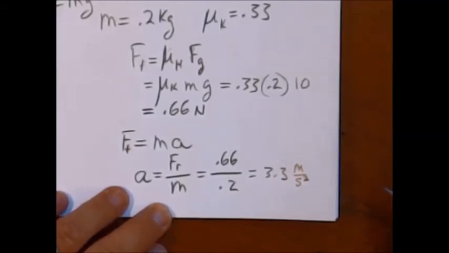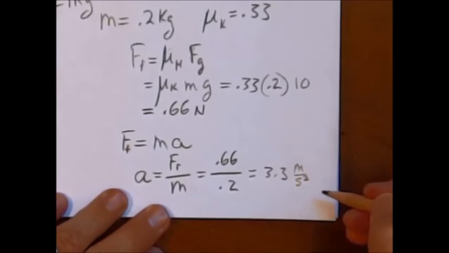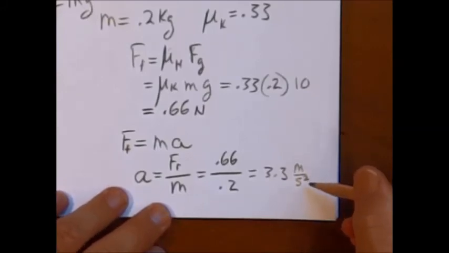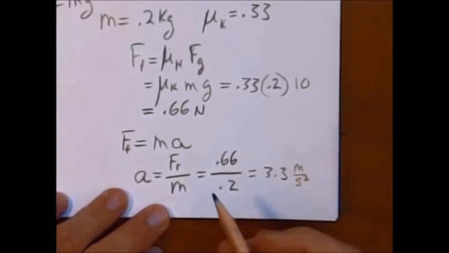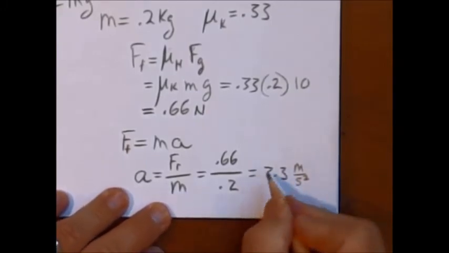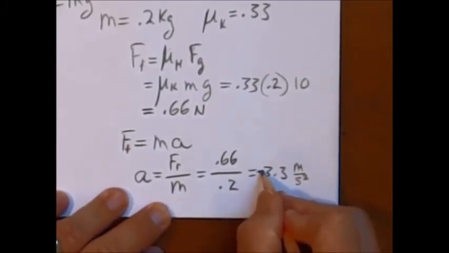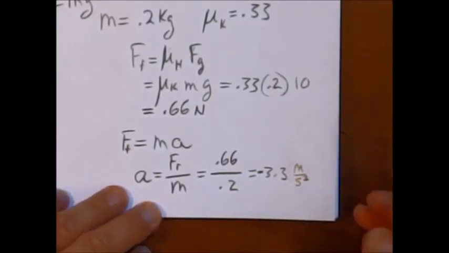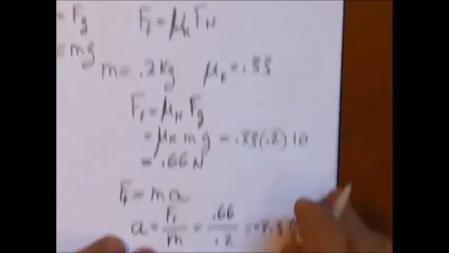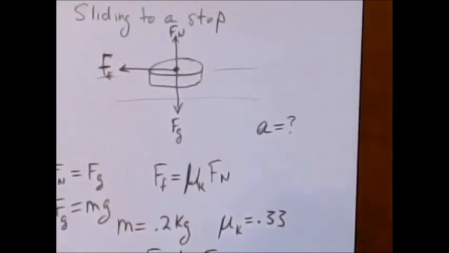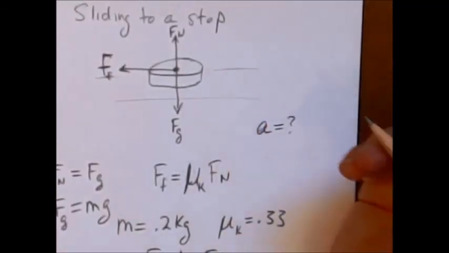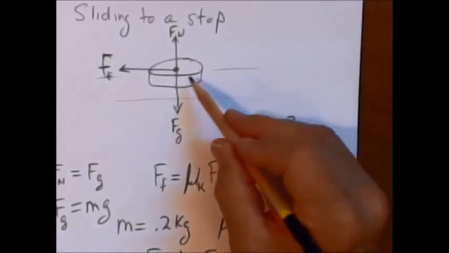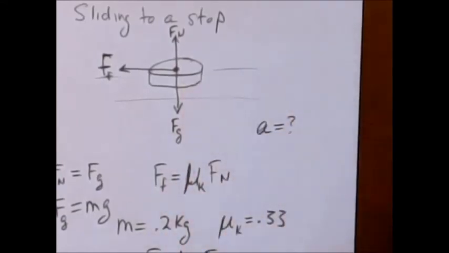Okay. Now, there was a practice problem in which you had to take this one step farther, and knowing the deceleration, this is a deceleration, so you might want to put a negative sign up here. Knowing the deceleration of the puck, I think practice problem number 24 was how far does that puck go?